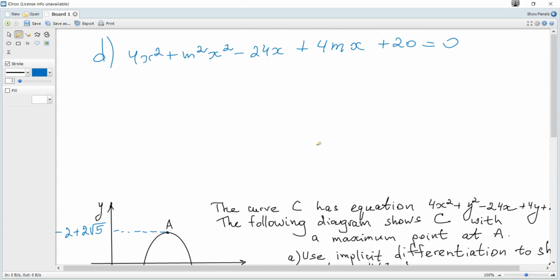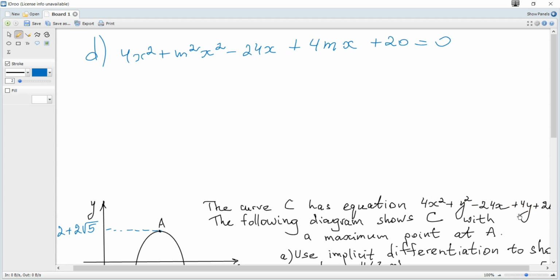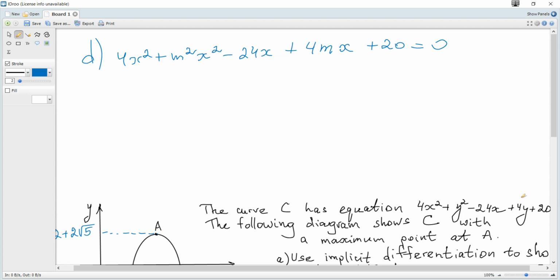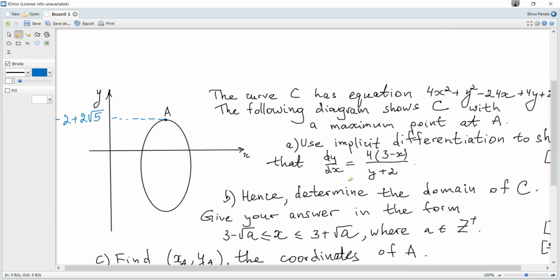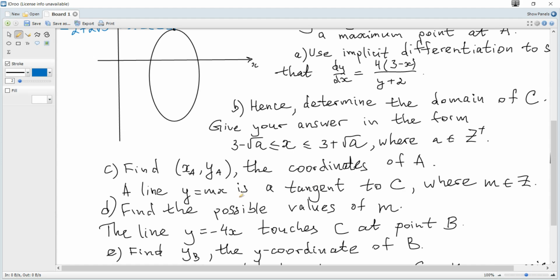Let's check. y is mx, and it becomes 4 plus m squared multiplied by x squared, plus 4m minus 24 multiplied by x, plus 20 is 0. And we need y equals mx to be a tangent.